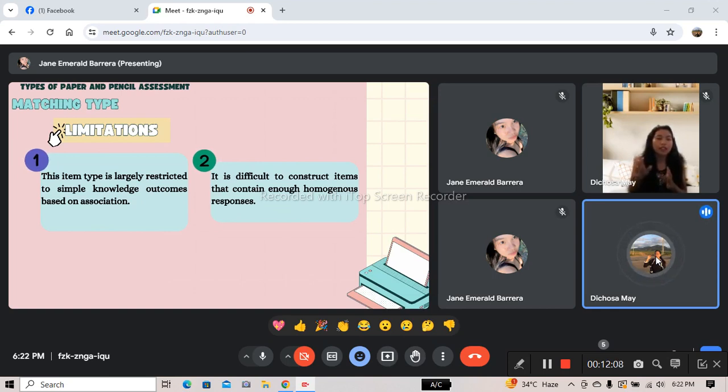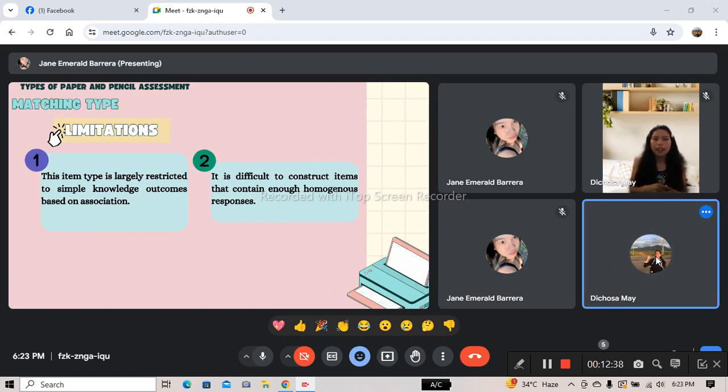When the responses have the same nature or the same meaning, they conflict, and students will have difficulty choosing the correct answer.